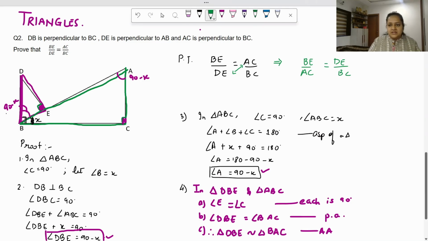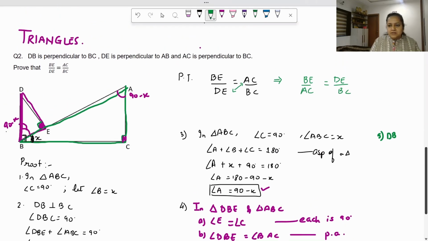Now, what would be the next part? Since the two triangles are similar, can we take their sides in proportion? So we are going to get BD upon BA, or AB, is equal to BE upon AC, and that in turn is equal to DE upon BC.